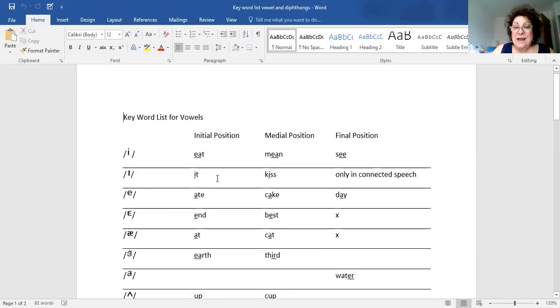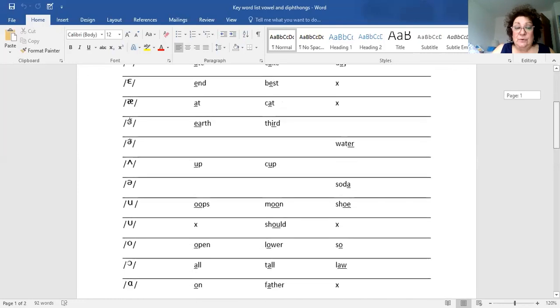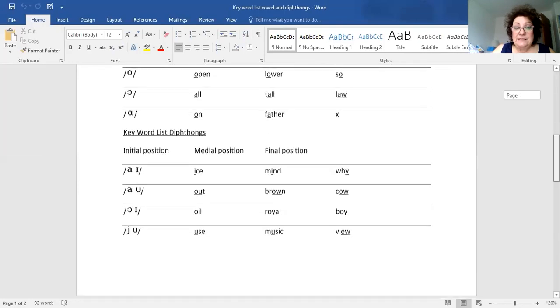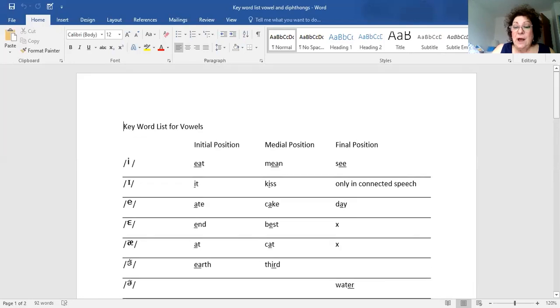First, we'll do vowels. And initial position of that sound under study. So this lowercase i, because it's between the slash marks, is the IPA symbol for the sound E, as in eat, mean, see.